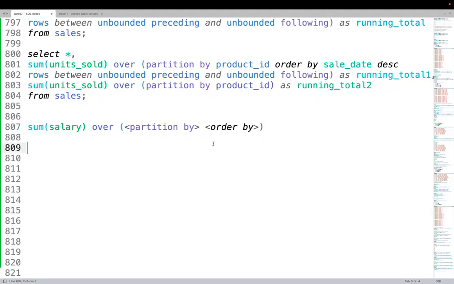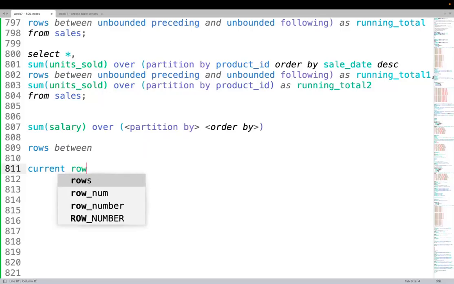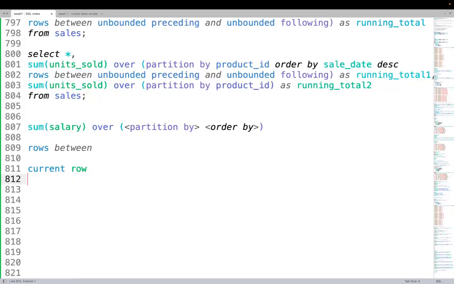So that's where we have the scenarios like rows between, right? And in this, the options that we have: current row. What you have to understand is rows between, this current row you have to remember, and preceding, two preceding or three preceding, whatever it is, that means two previous rows.